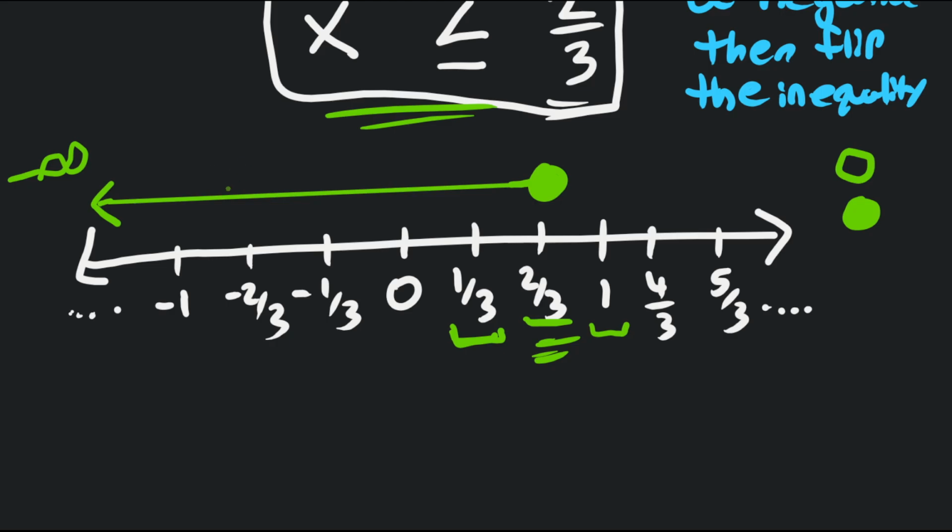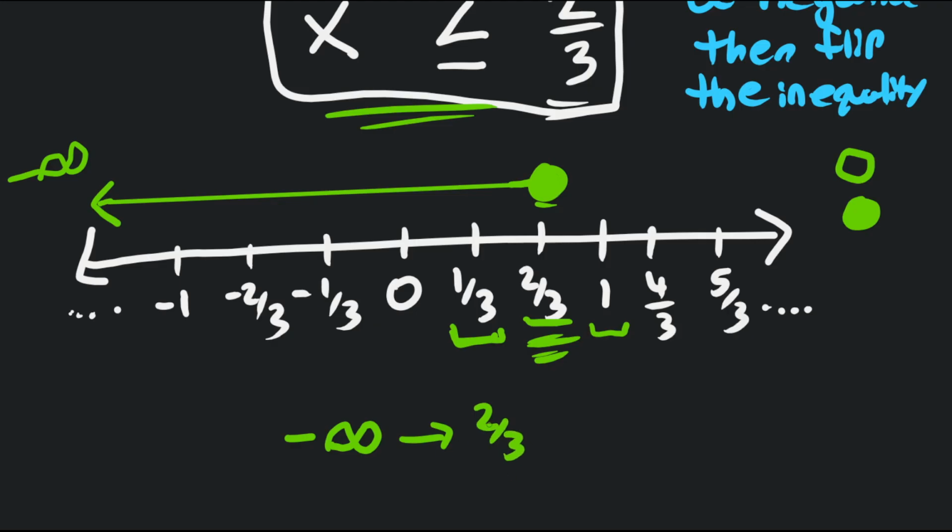Okay, what's the highest possible value this can be? Well, if I go all the way to the right, the highest value it could be is 2/3, right here. So it looks like it can go from negative infinity all the way to 2/3.